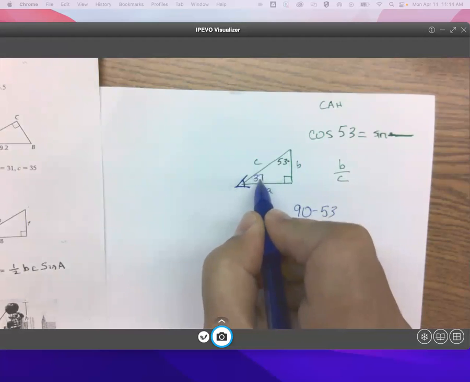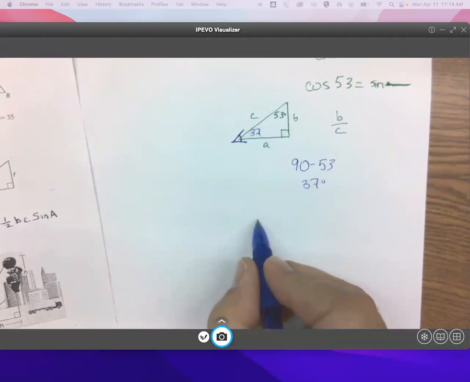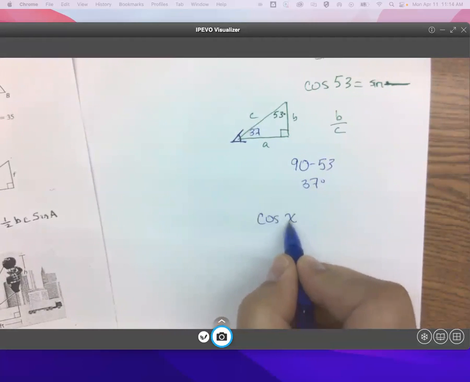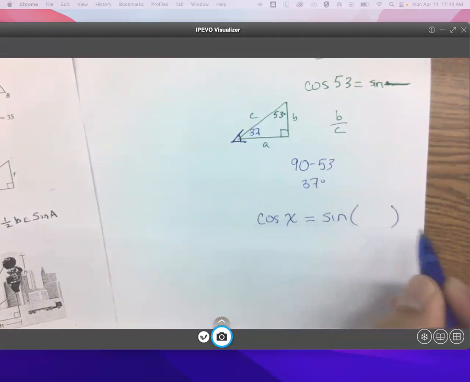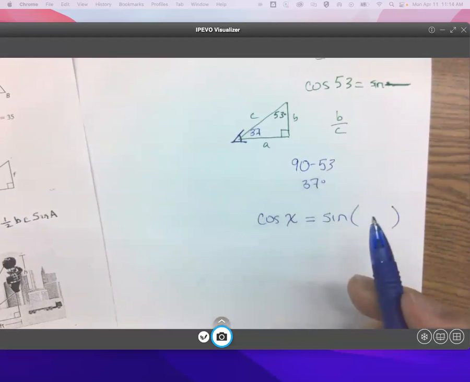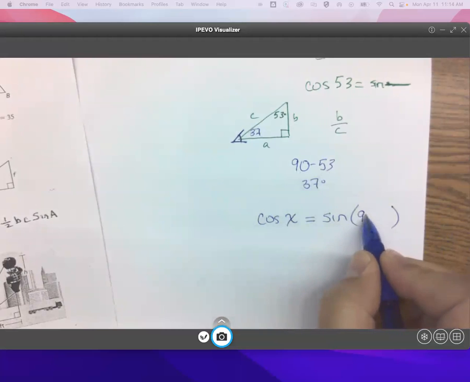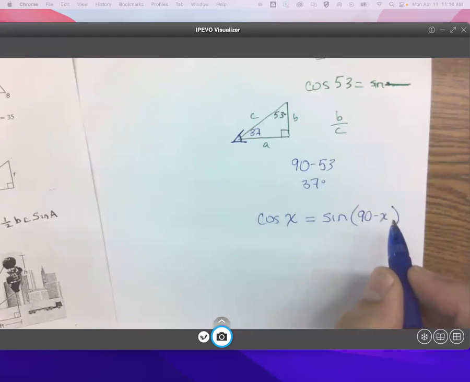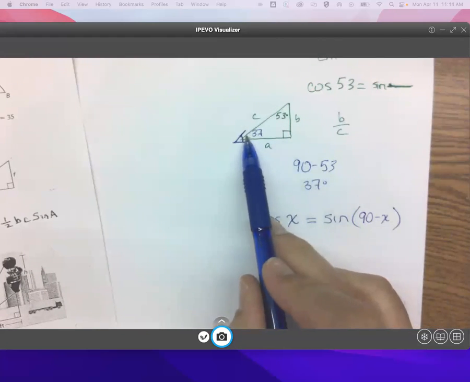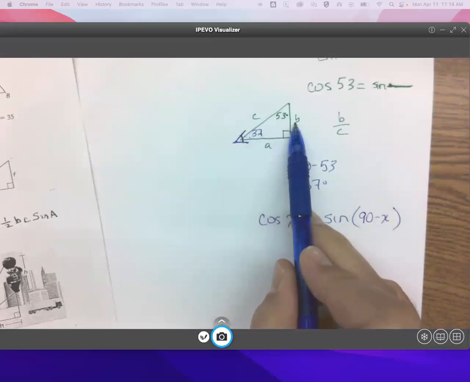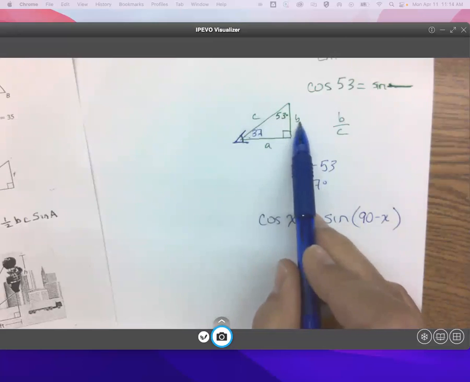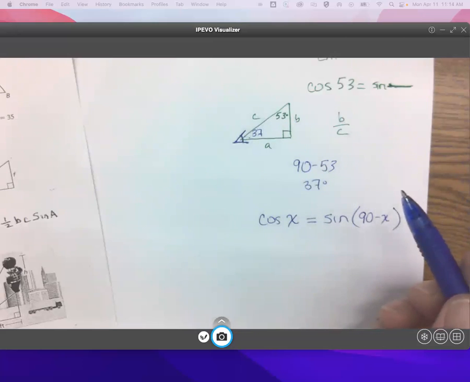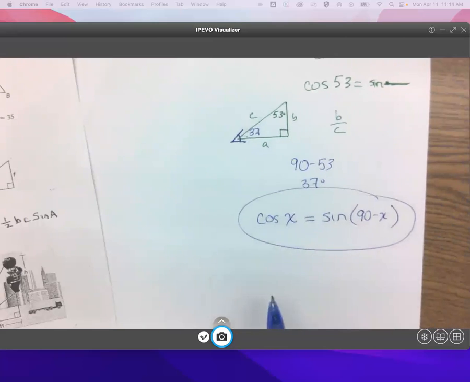So in other words, it turns out that in every single triangle, if you have the cosine of X, that's going to be equal to the sine of what? 90 minus X. In other words, the sine of this angle is equal to the cosine of the coangle, the other one in the right triangle. So that's a formula that I had not expressed to you before.